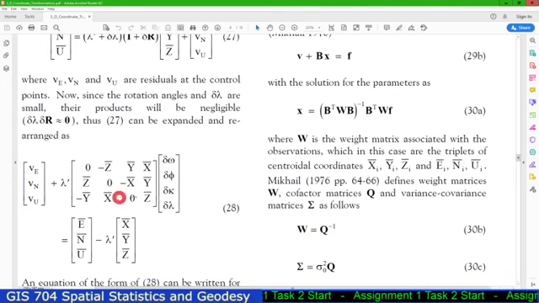Your B matrix that sits over here, if you look at the zeros that are filled in there, where do they come from? This is for the x coordinate, that top row. Now there's no rotations in the x coordinates, so there's 0 delta omega, just delta phi, delta kappa, and a delta lambda.